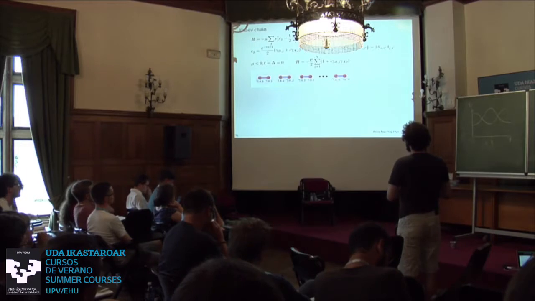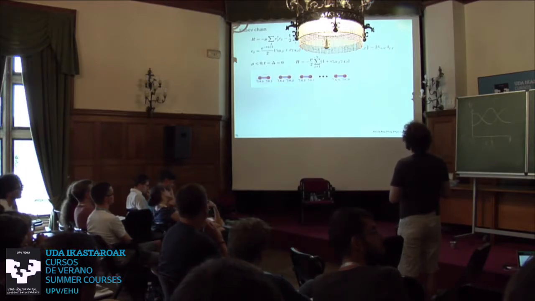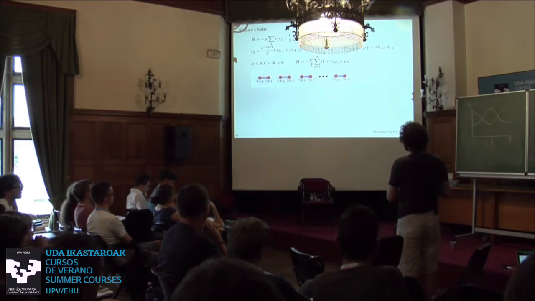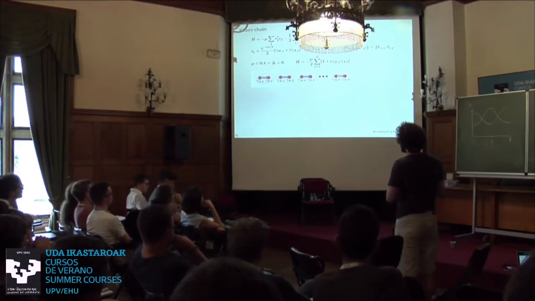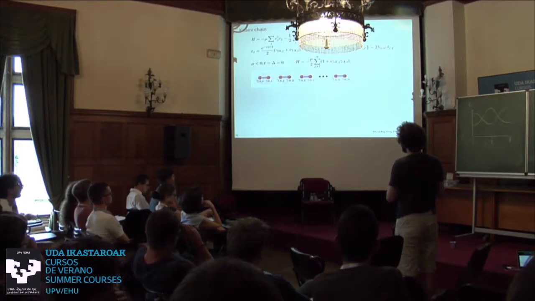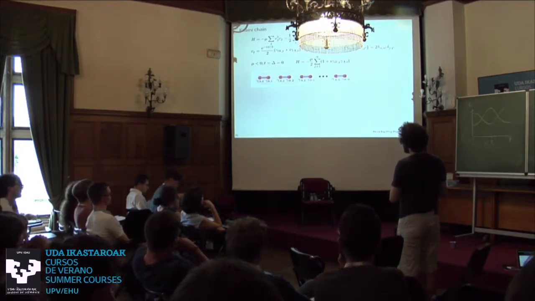Now, pictorially, what this means is that you see, actually, this should be J. I think there is a missing J here. But what matters here is what I did: I took a fermion on site j and wrote it as a sum of two Majorana fermions on the same side.